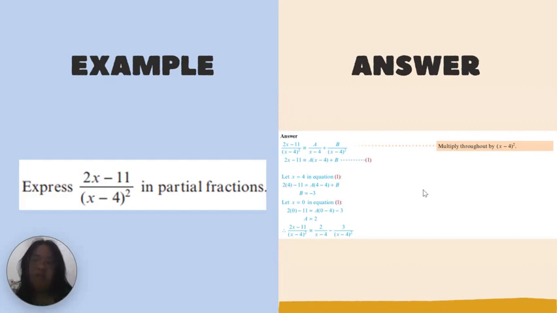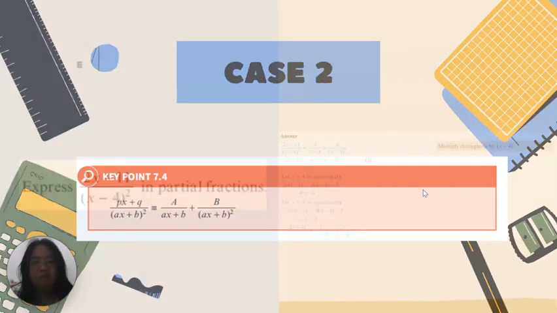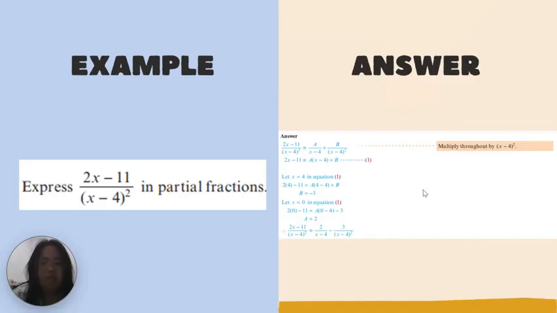If we encounter case 2 like this, as you can see here, we split it into the inside of this. It becomes one part of the partial fractions, and the other partial fraction will be the whole denominator. Here's the example, and this is the answer.